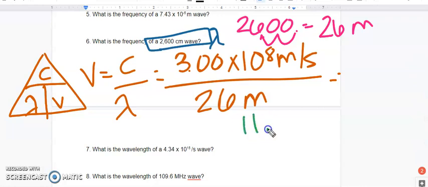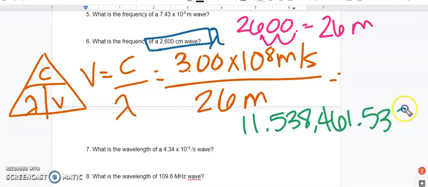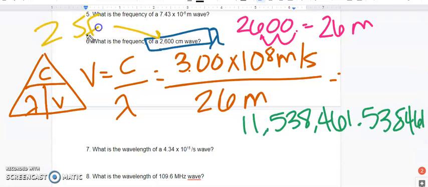I got 11,538,461.538461. All right, so this is the number that I got. Now please notice that the problem given was originally 2,600, so that number is 2 sig figs, and my answer needs to be 2 sig figs.